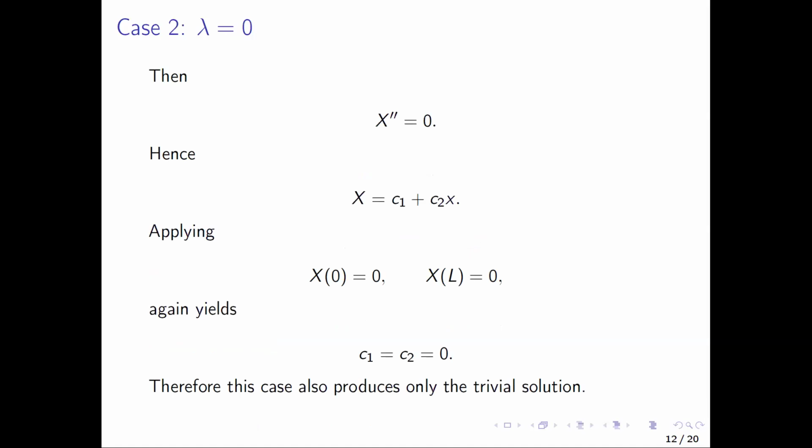What about lambda is equal to 0? Here, our solution will be linear, because you have x double prime is equal to 0. If you integrate it with respect to x, x prime will be just say C1. And if you integrate it again, then x will be C2 plus C1 x.